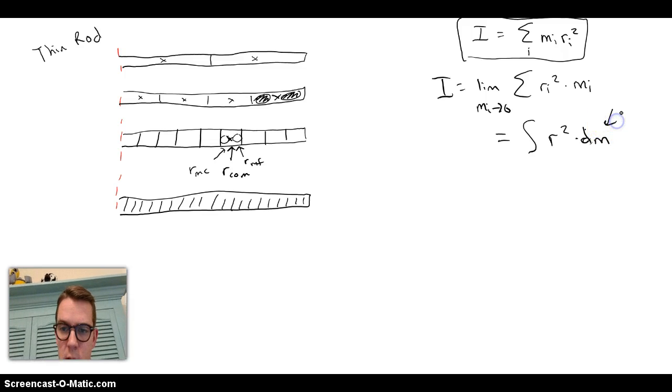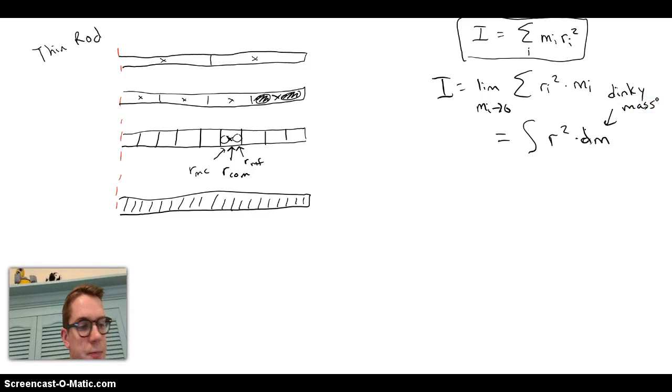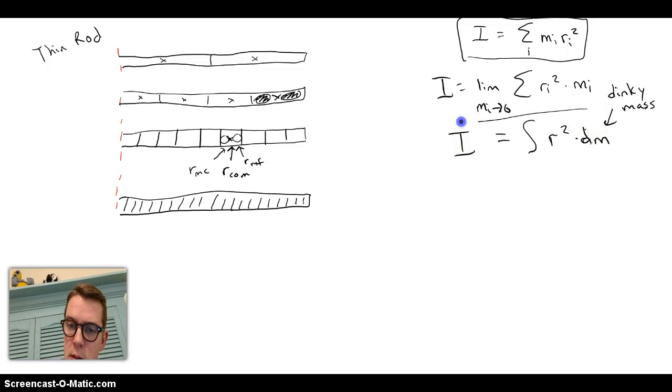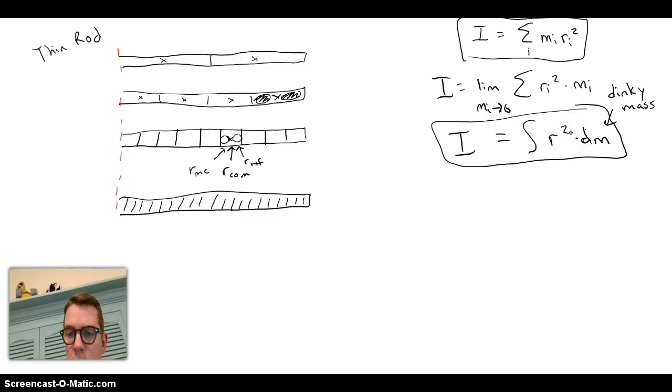And dm is just a tiny chunk of mass. I like to call it the dinky mass because it's so small. And there's a little d there. So this we can use for a rigid object. And this is a pretty straightforward integral, just the squared value there.